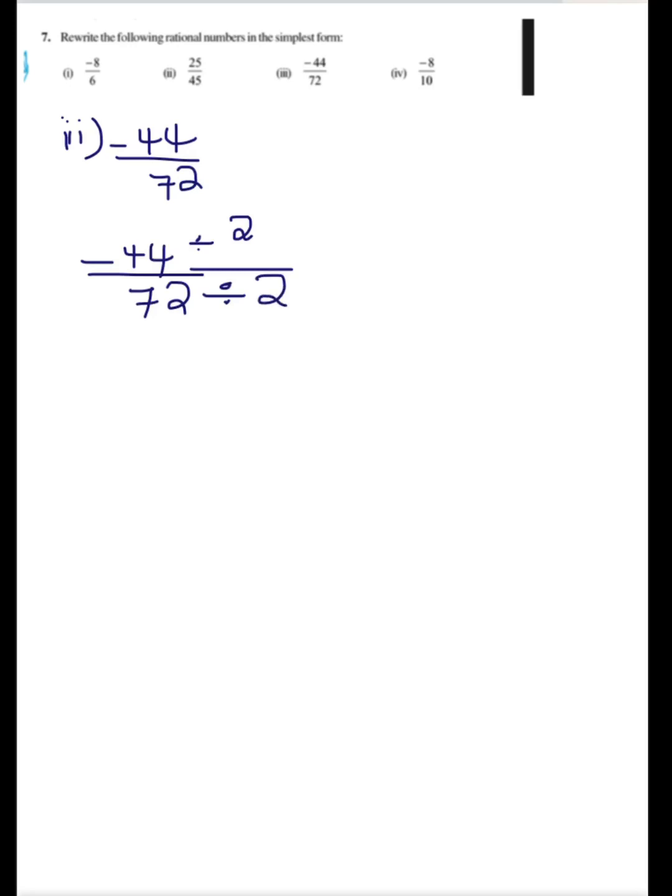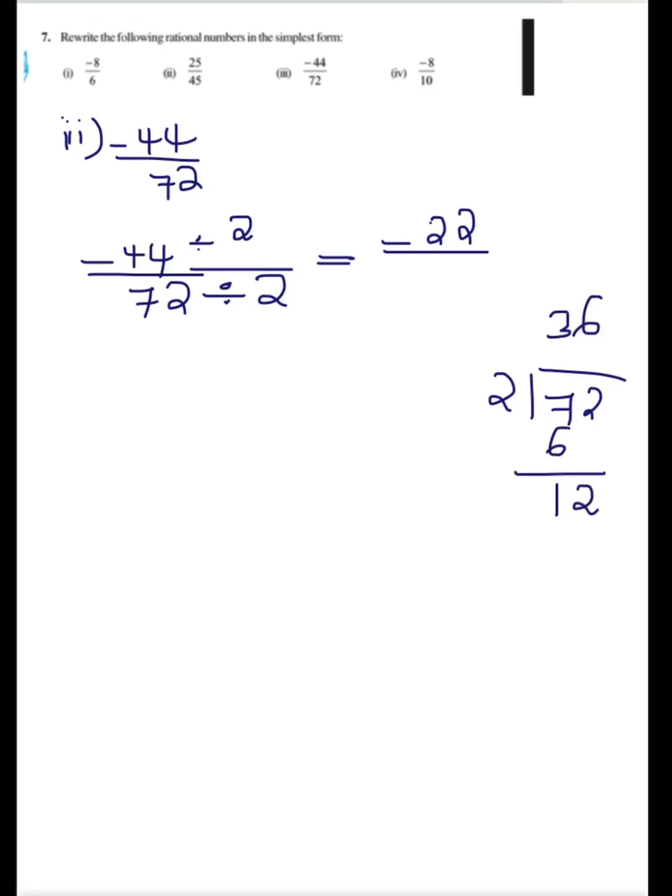When you divide minus 44 by 2, you will get minus 22. Now, when you divide 72 by 2, what will you get? The answer is 36. So you get minus 22 by 36.